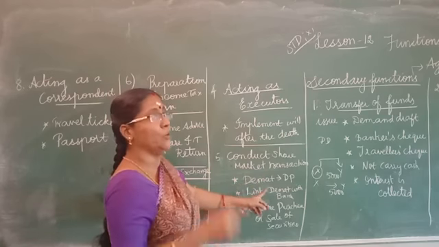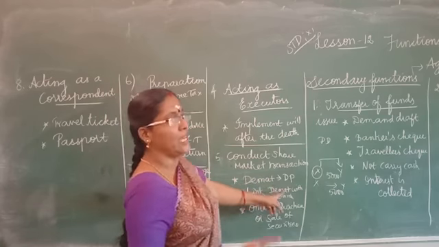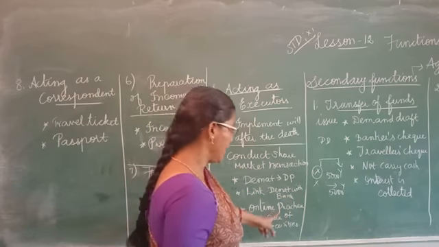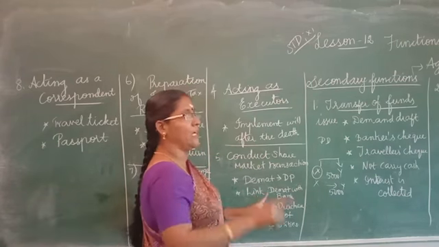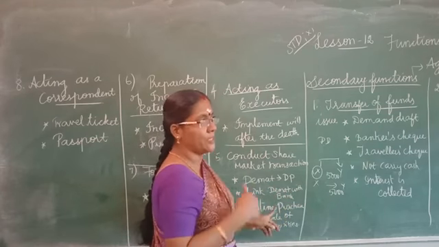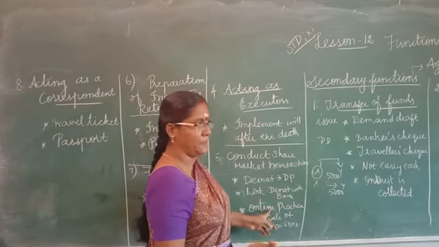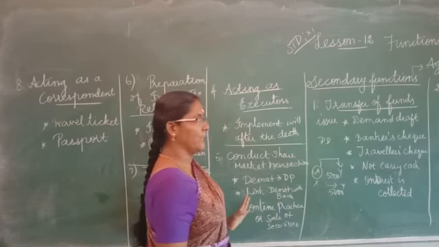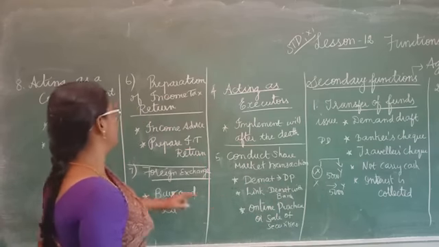That demat account holder is called a depository participant. The demat account and bank account will get linked. So if you want to purchase or sell any securities, you can do that through the bank. This is one of the services.